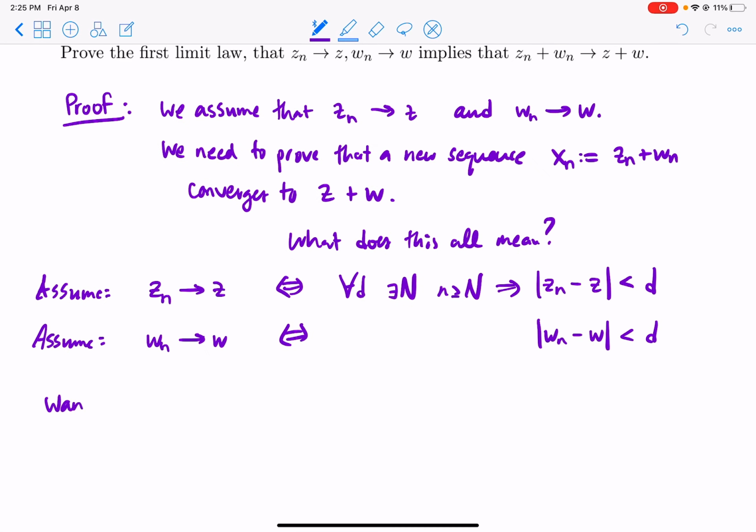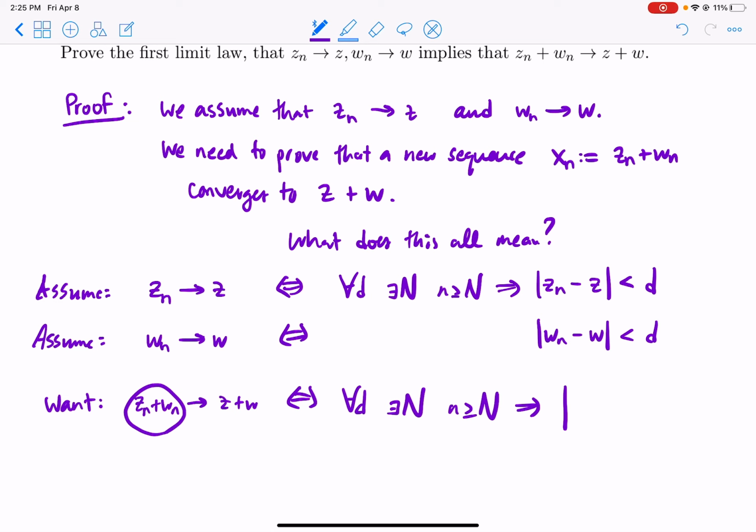Now, what we want is that Zn plus Wn goes to Z plus W. But what does that mean? It means that for all d, we need to find a capital N such that when we go past that cutoff, we have, okay, now be very careful, this minus this is less than d.